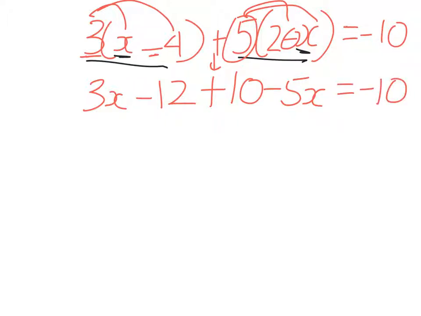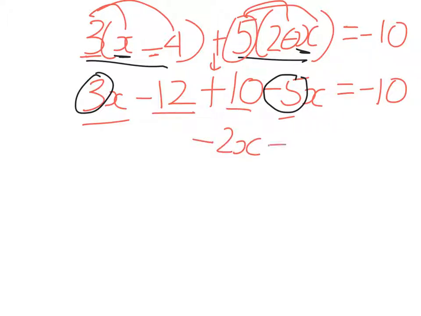Now, when you have a situation like this, with numbers and x's all over the place, collect like terms. So 3x and 5x are like terms, so I can add them. I'm just adding the coefficients here. 3 minus 5 is negative 2. So I get negative 2x. Negative 12 plus 10 is negative 2. This is my equation now.